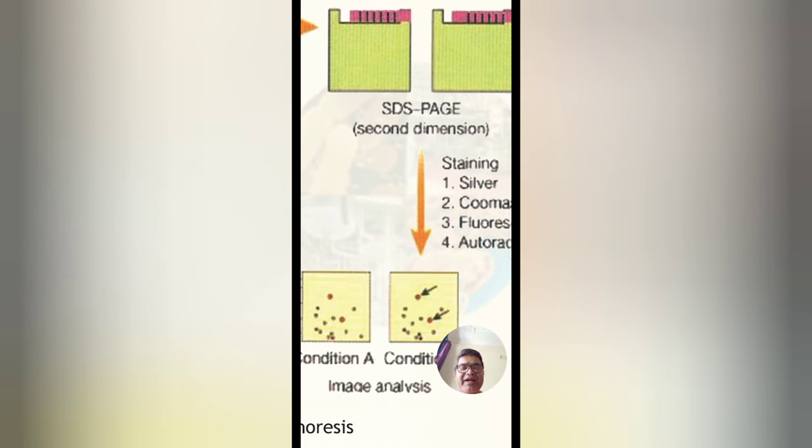If there are more than two proteins with the same pI, they can be differentiated.